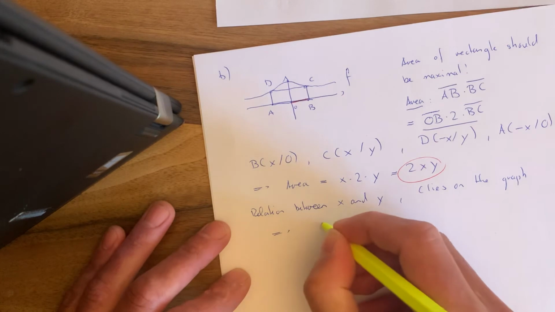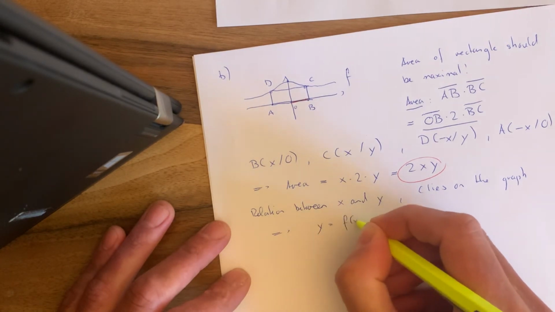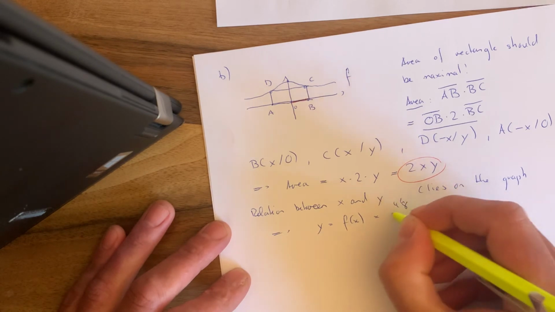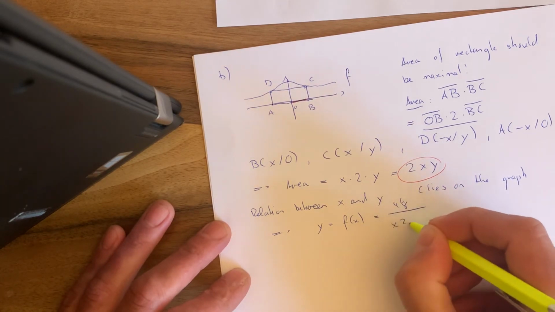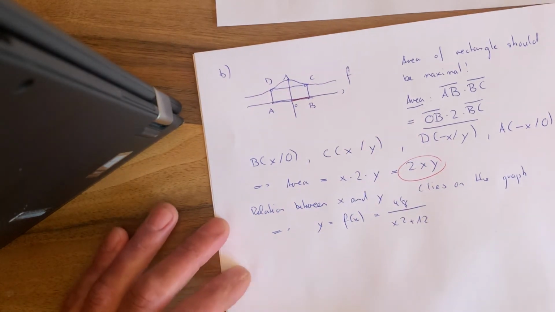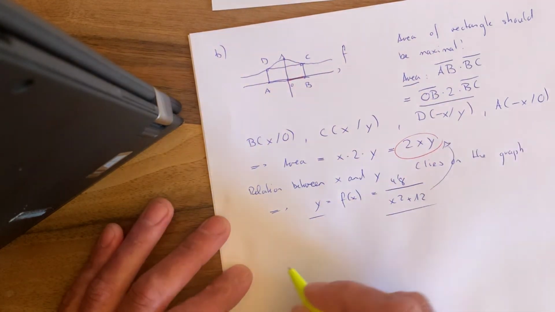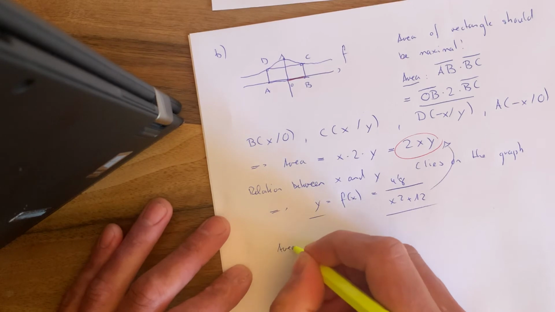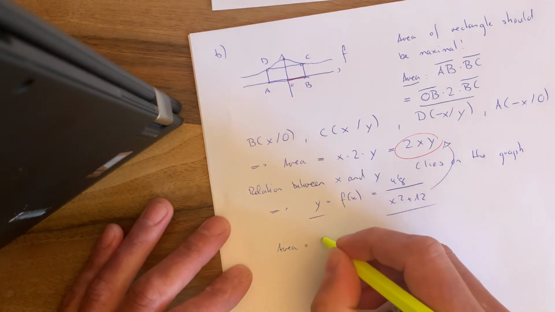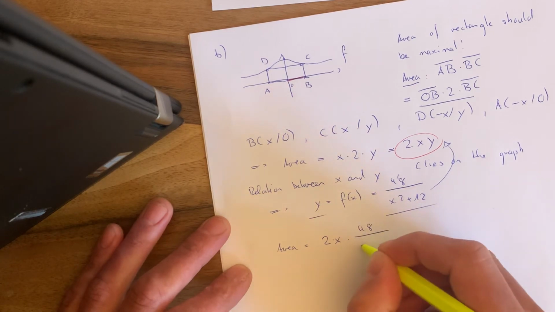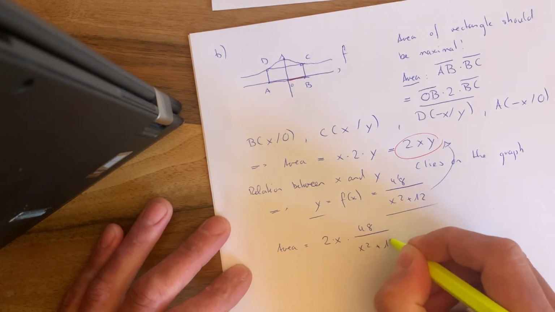So this means y is given by f of x, or 48 divided by x squared plus 12. So now we take this and plug it into this equation here, and then we get the following formula for the area. The area equals 2 times x times 48 divided by x squared plus 12.